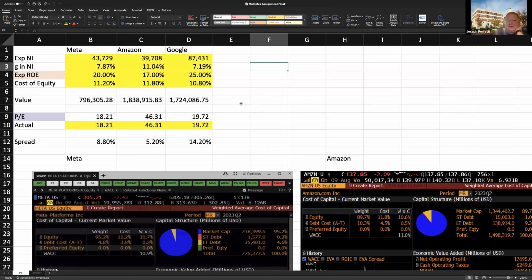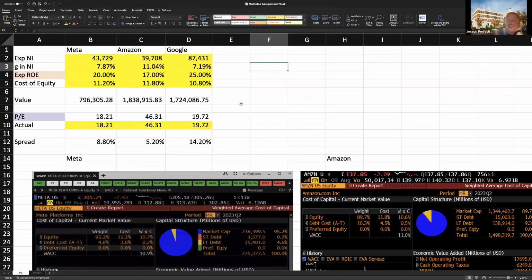So for Google trading at a premium to Meta, even though Google's growth rate's lower, it's because Google has a higher spread than Meta, about 14 points versus about 9 points, and a slightly lower cost of equity. That's what's causing Google, when you do the key value driver math, to trade at a slight premium.